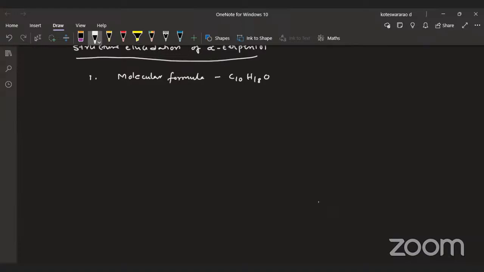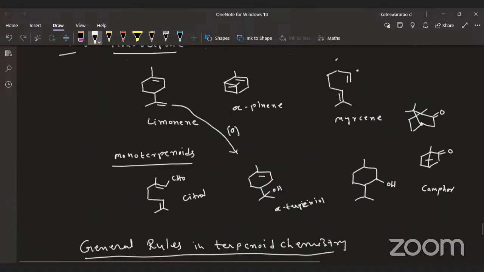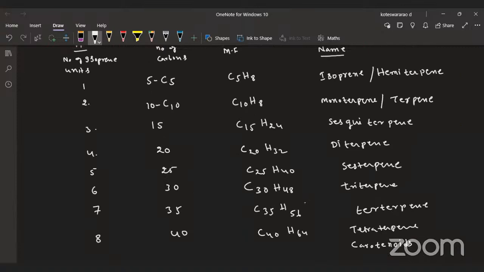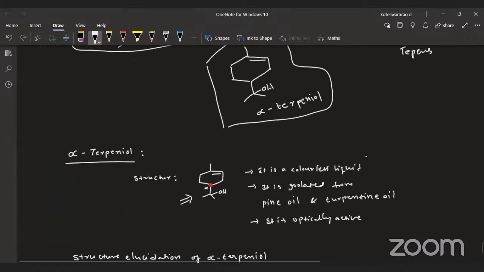The molecular formula is C10H18O. Simply observing this molecular formula and going by the classification of terpenes and terpenoids, it indicates that it is a simple terpene, a monoterpene.